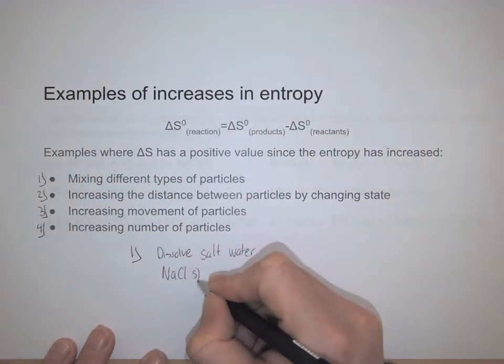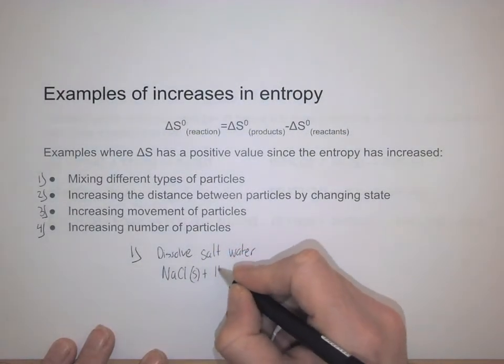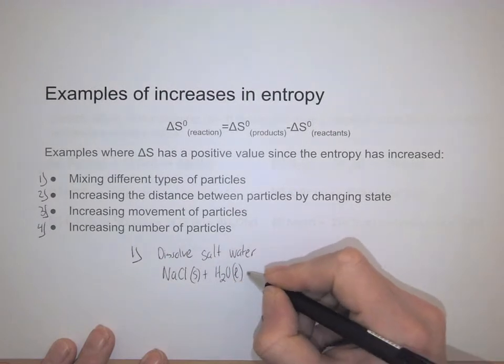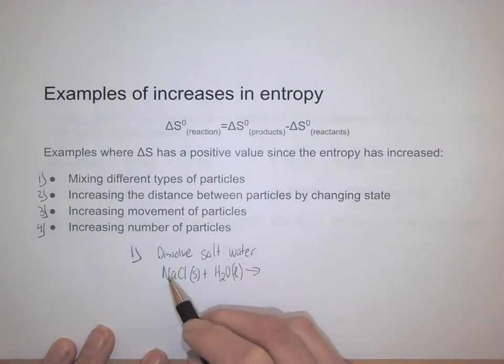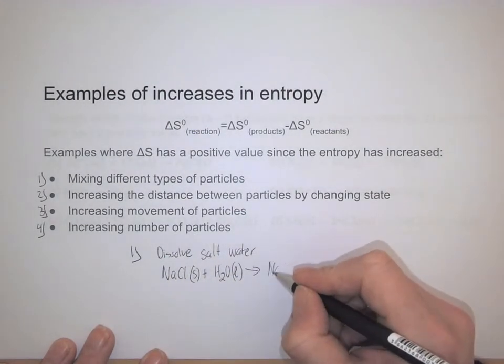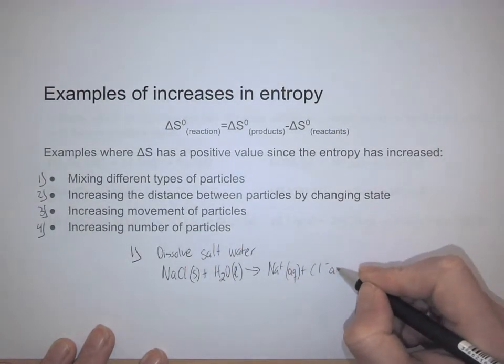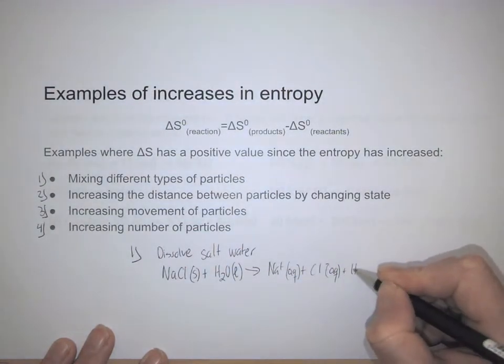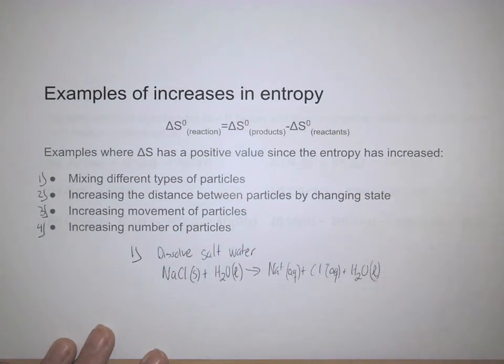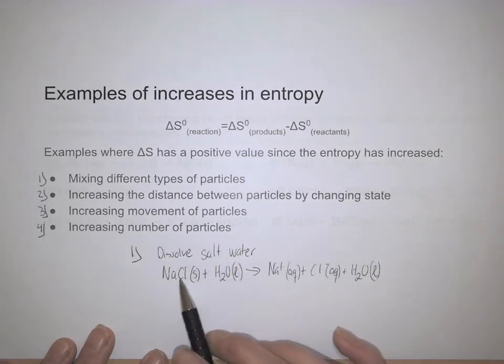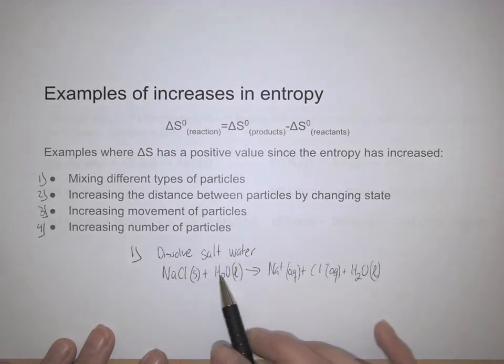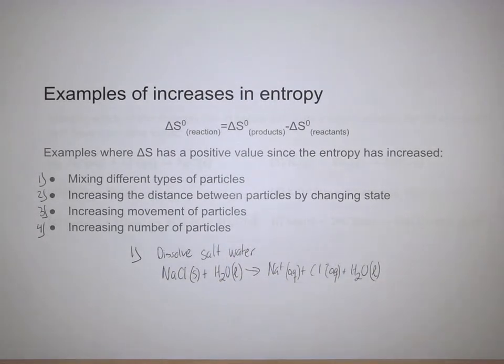So sodium chloride will be put into water in liquid state, and what will happen is that these particles will divide into aqueous ions and water. So this is one way to increase the entropy, by mixing different types of particles and making them into a more disordered system.